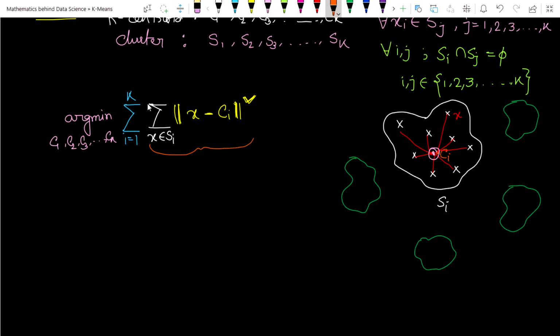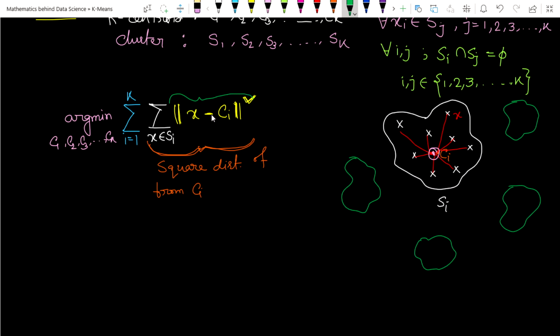I am talking about this first sum value. This is called the square distance of x from the centroid ci. Ci means the centroid of cluster i. This means the intracluster distance.